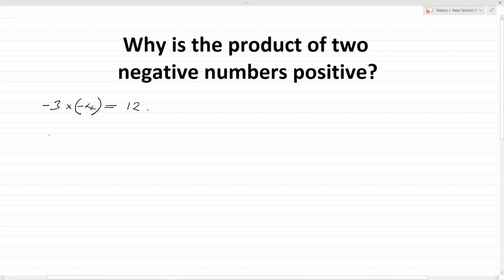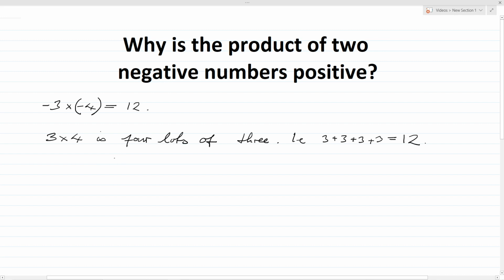So we're going to say that 3 times 4 is defined as 4 lots of 3, i.e., 3 plus 3 plus 3 plus 3, which of course, as we know, is 12.